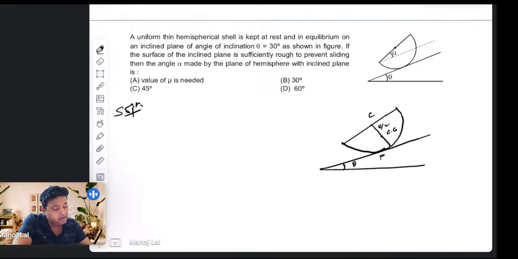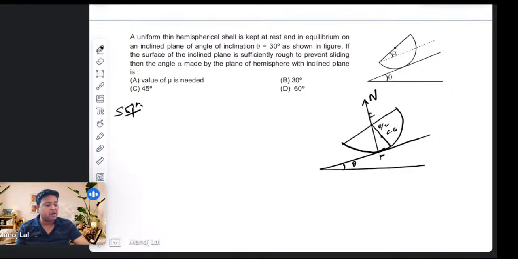All right. So the normal reaction will be from this point P, and we know that the normal reaction is always perpendicular to the surface, and it passes through the center of curvature of the hemisphere or sphere. So let me draw the normal reaction, which is like this, right?